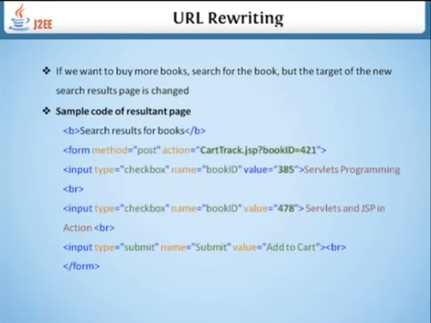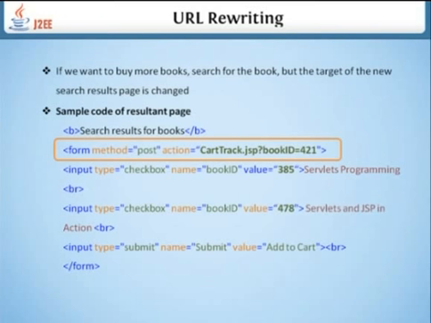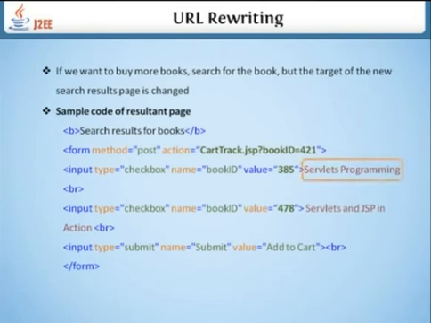Sample code of the resulted page is like this. This is a search result page, the cart track JSP. This is a book name, server programming.